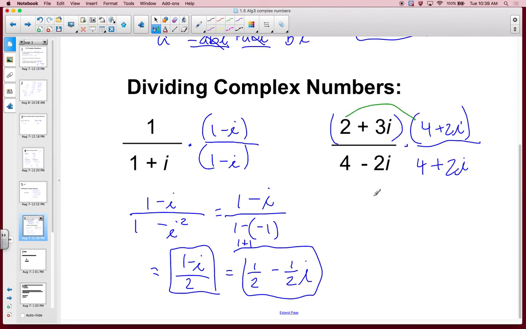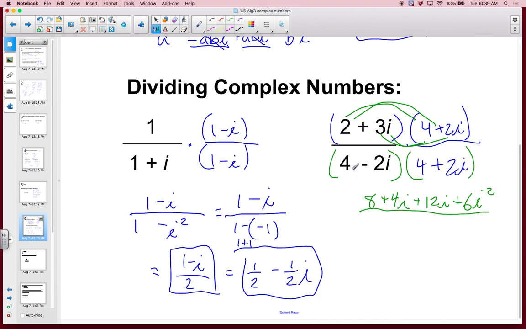First is 8, outer is a 4i, inner is a 12i, and last is a 6i squared. All over, we're only going to multiply the first and last for our denominator. The first is a 16, and the last is a negative 4i squared.